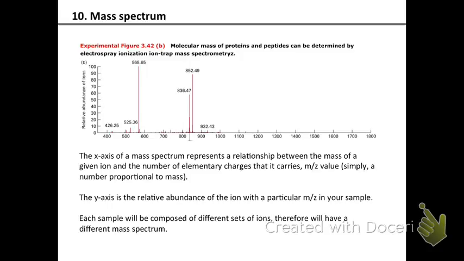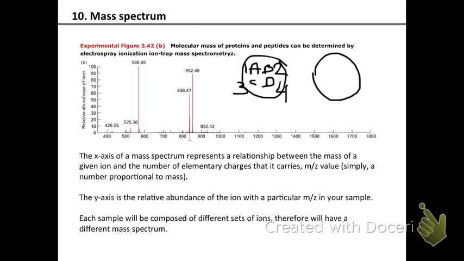So if you have a sample mixture that has different proteins, and you get its mass spectrum, let's say you have a mixture of proteins A, B, C, and D, and you have 1 part A, 2 parts B, 3 parts C, and 4 parts D, and you put this through mass spec, you're going to get a certain mass spectrum. And next time, if you have exactly the same sample, with exactly the same ratios, you should get exactly the same mass spectrum.